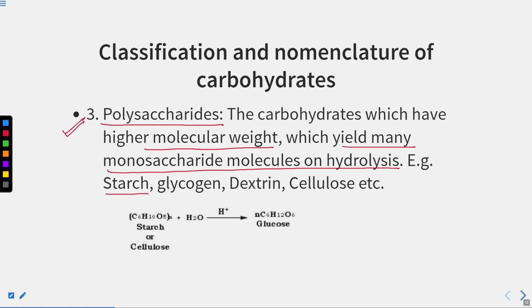For example, starch, glycogen, dextrin, and cellulose are called polysaccharides. They are made up of monosaccharides. When they are hydrolyzed, in the case of starch or cellulose, they give rise to glucose.